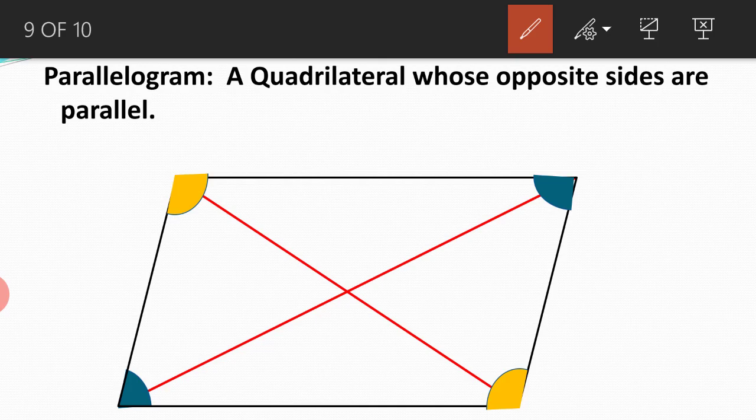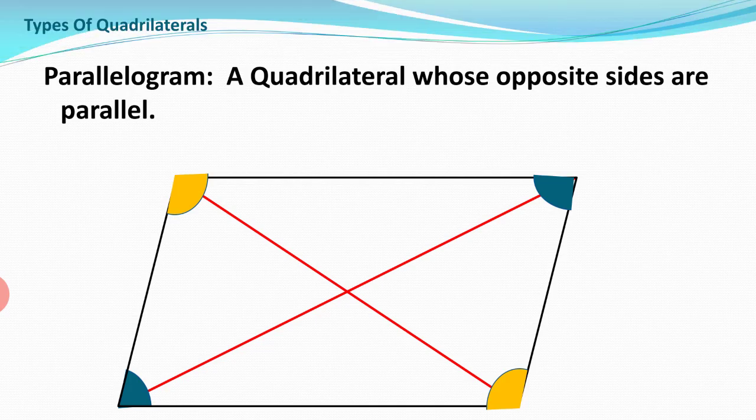A quadrilateral whose opposite sides are parallel is called a parallelogram. The name itself is talking about parallel lines or parallel sides. Then what are the properties because of these parallel sides? Because of this we get opposite sides not only parallel but equal. Let me write down.